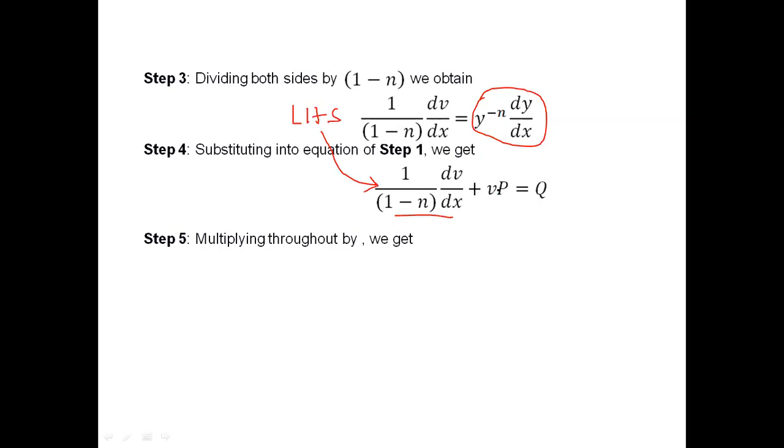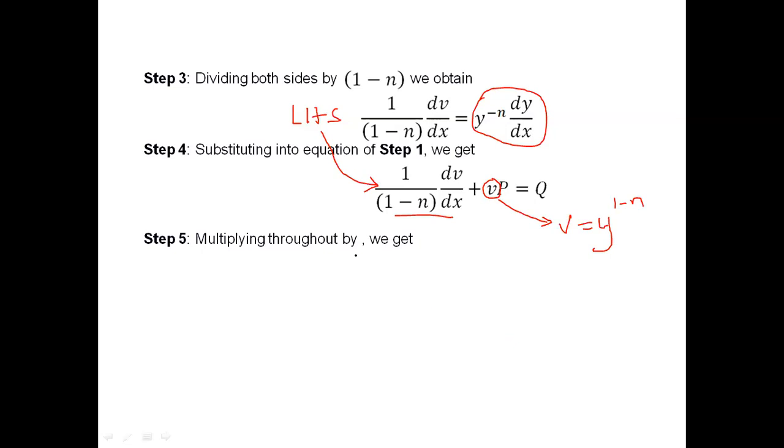Then this v from step 1, we're able to tell that this is where we said let v be equal to y raised to 1 minus n. Yeah, I think this is quite clear.